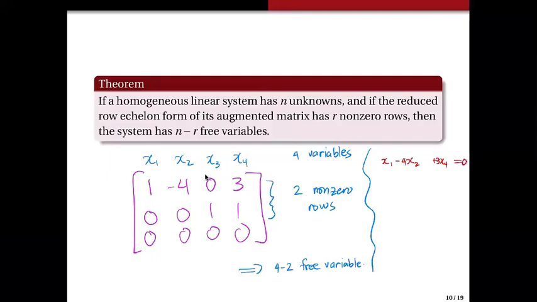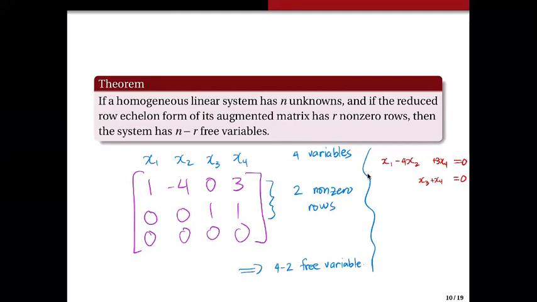Take note, homogeneous linear system. So this is the coefficient matrix of your system. And then for the second row here, you have x3 plus x4. This is equal to 0.